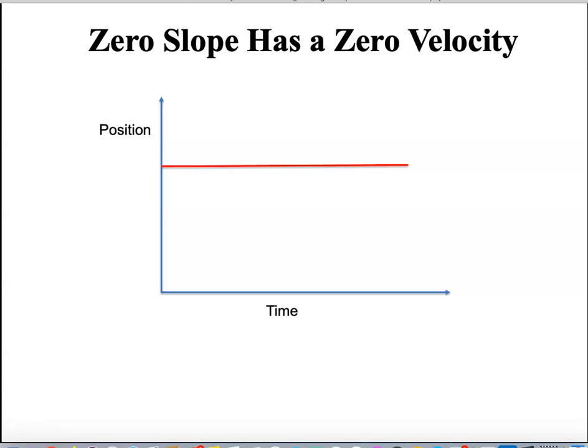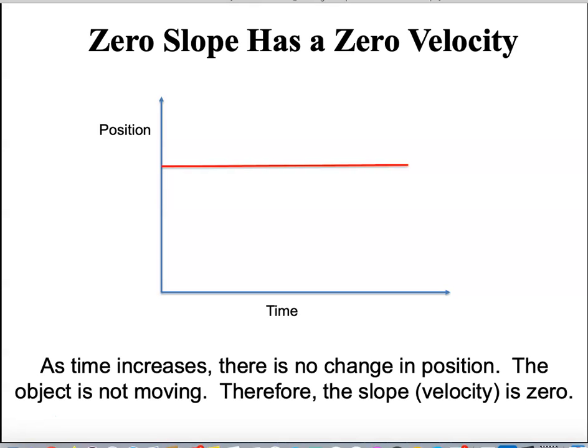Now, if the slope of a line is 0, then it would have 0 velocity. So what does that mean here? It means as time is increasing, there is no change in position. The position stayed the same the entire time. So time went forward, but the object stayed in the same position.